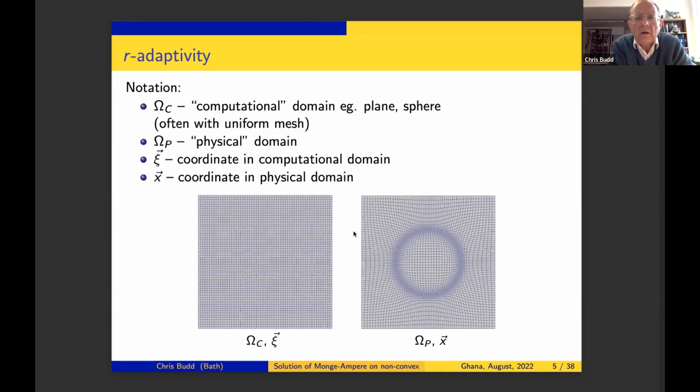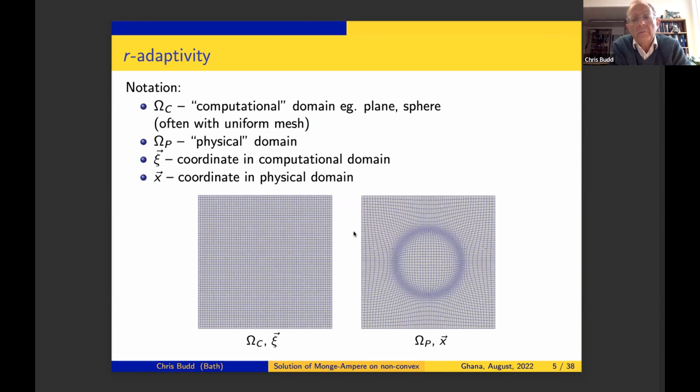So let's show you then how this works. Here's an example on the right of a mesh which has been computed by taking a monitor function which is large in a ring centered at the origin. And this is a mesh that we computed once for solving a problem in laser physics.